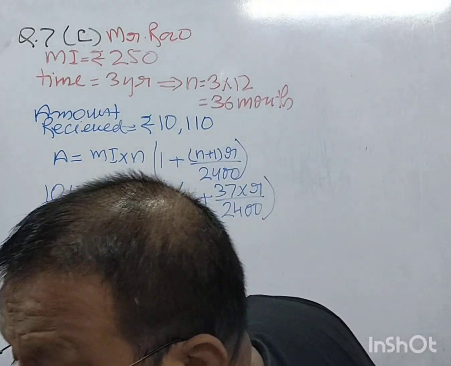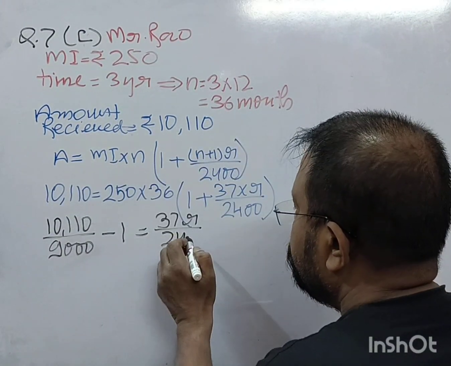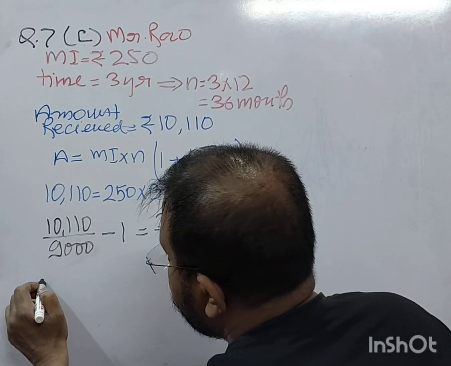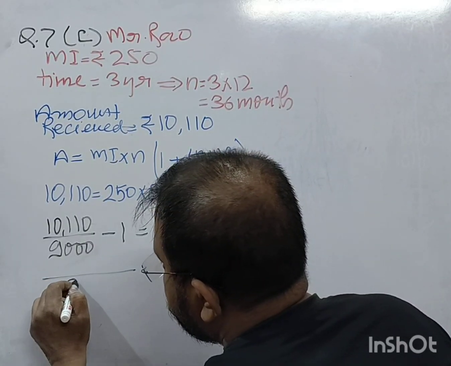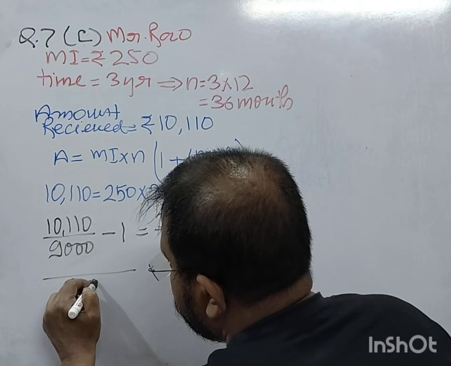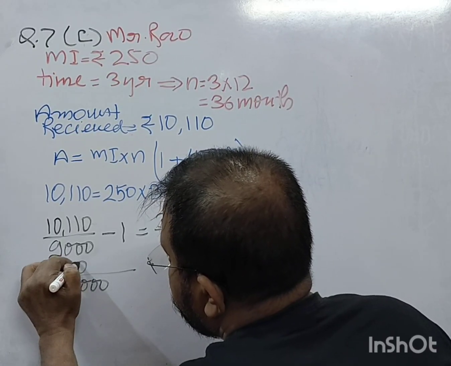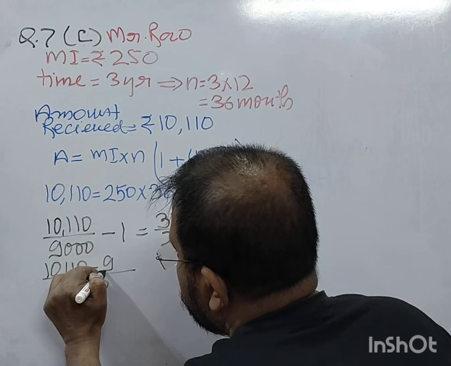It's 9,000, and this is 2,400. You have taken 9,000 as an LCM. So it becomes 10,110 minus 9,000.